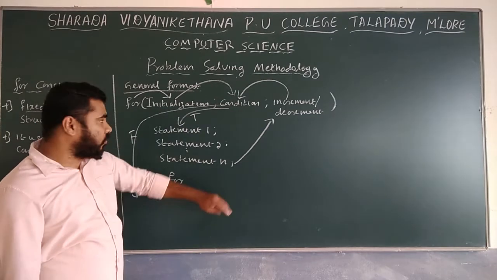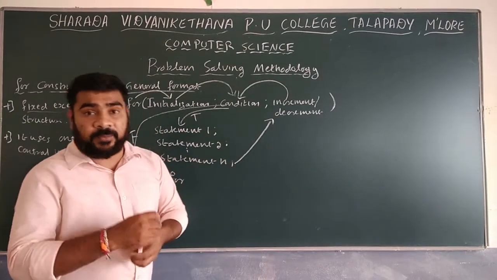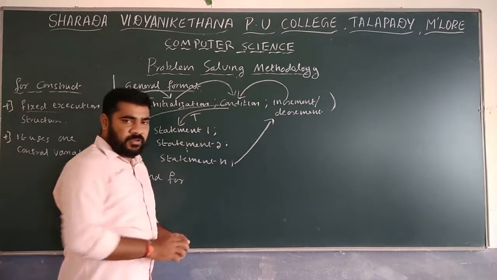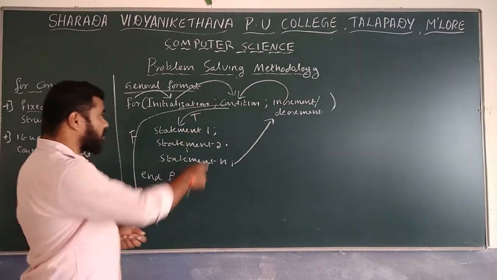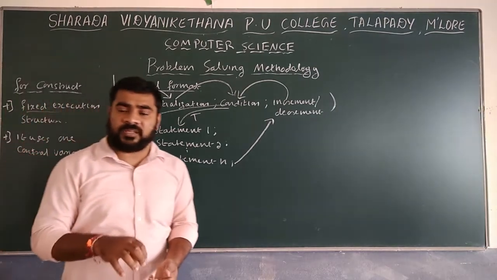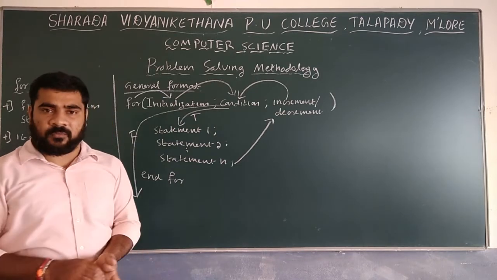If it is true, the body of the loop is executed. This will be repeated until the test condition becomes false. Whenever the test condition is false, control is moving out from the looping structure. This is the for loop general format.